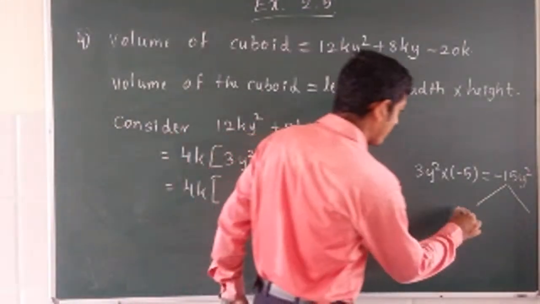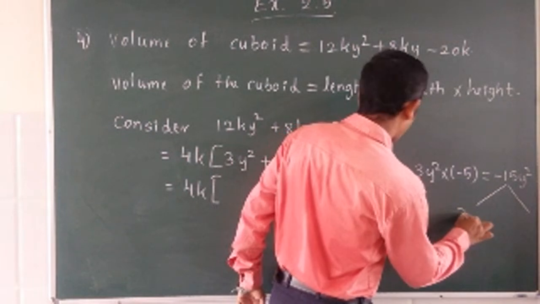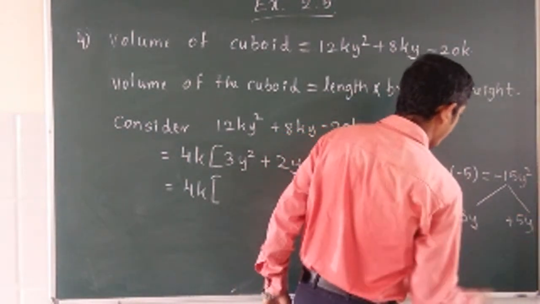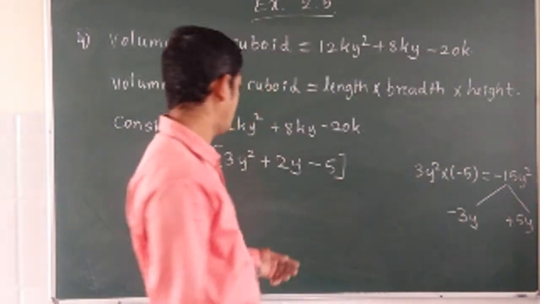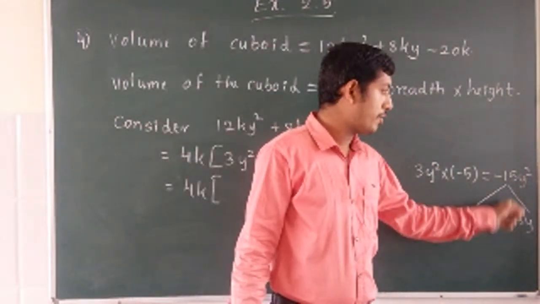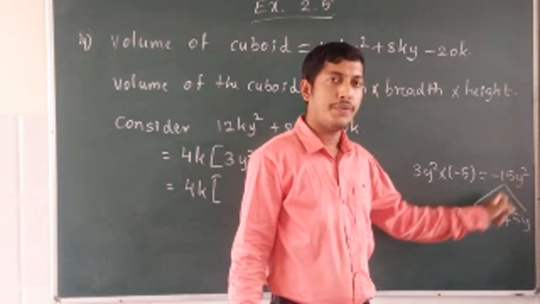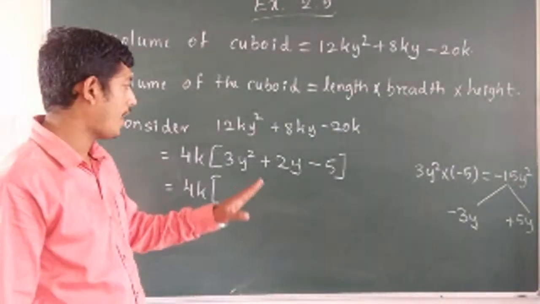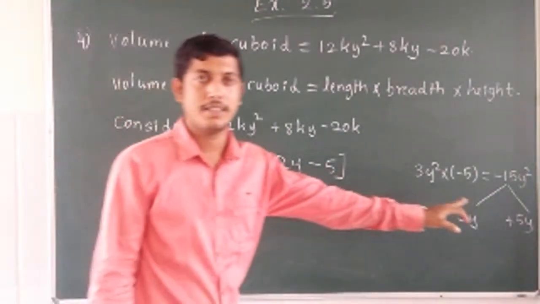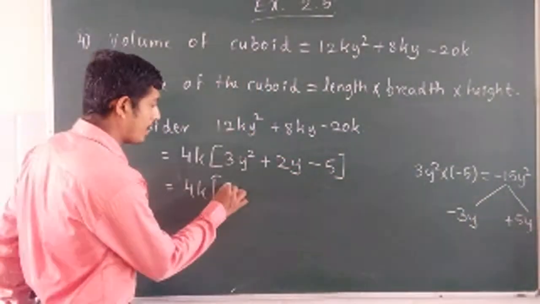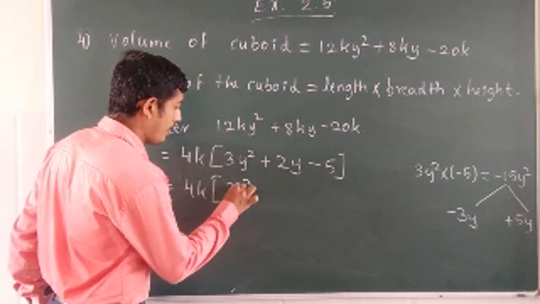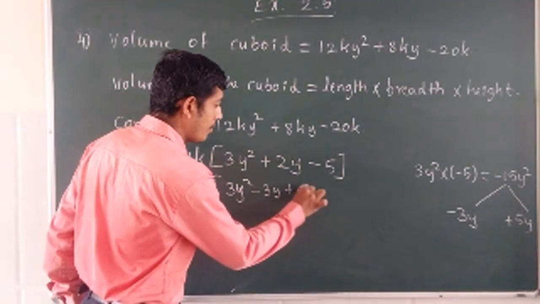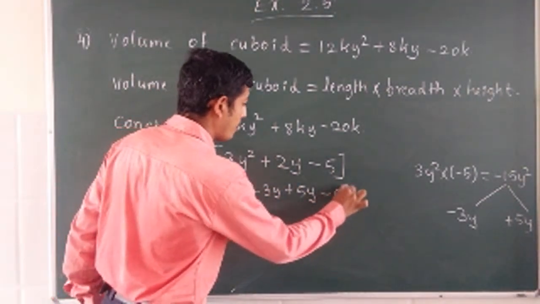So I will consider minus 3y plus 5y. Minus into plus is minus, 3 5s are 15. Then, since both have different signs, we subtract, and the sign of the bigger term is plus. So I will replace the middle term. It becomes 3y square minus 3y plus 5y minus 5.